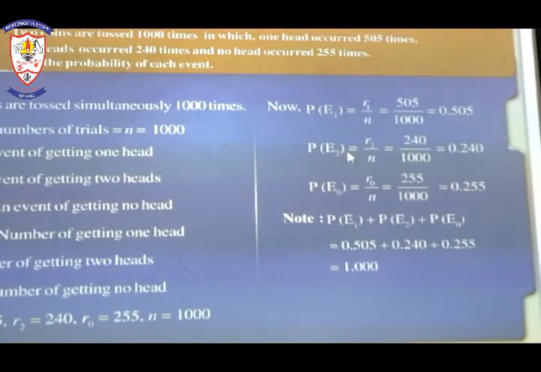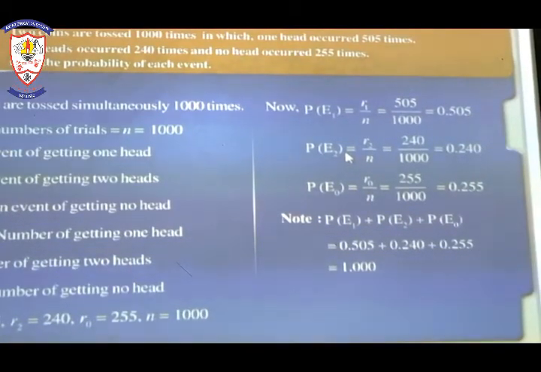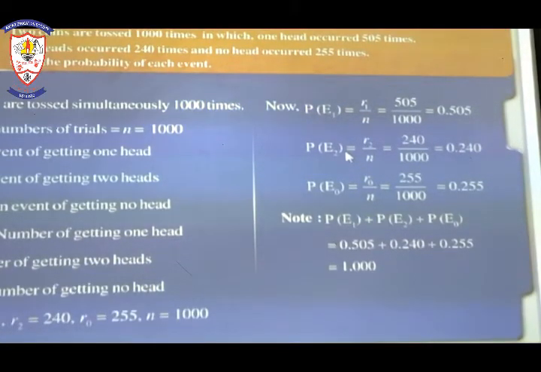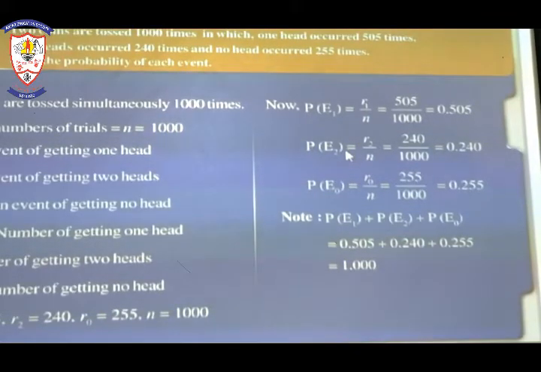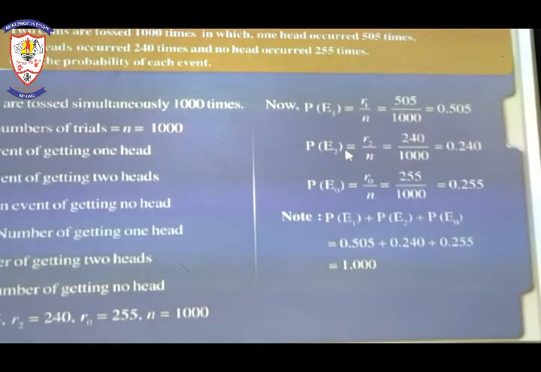which is equal to 0.505. Now come to P(E2), that is the probability of an event of getting two heads, which is equal to R2 upon N, which is equal to 240 divided by 1000, which is equal to 0.240.